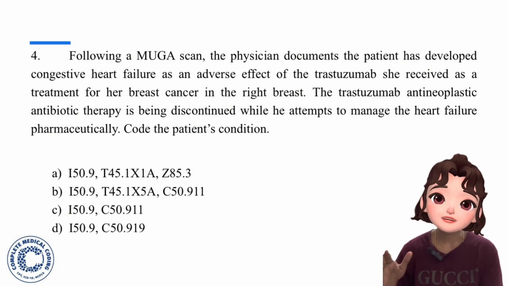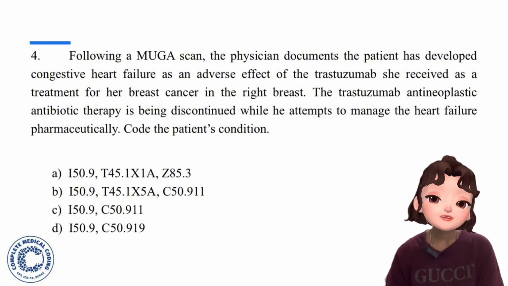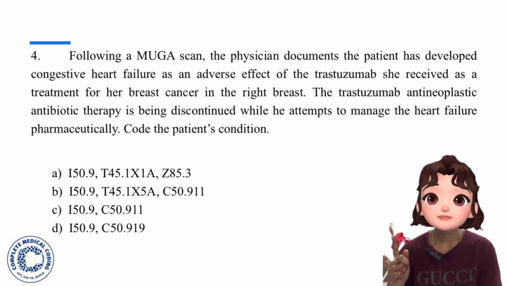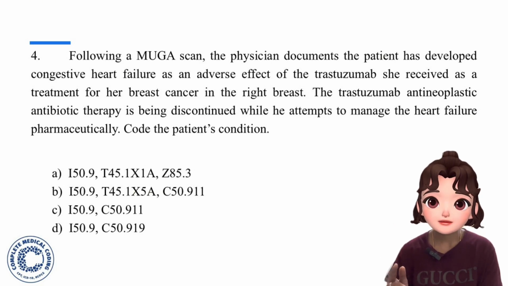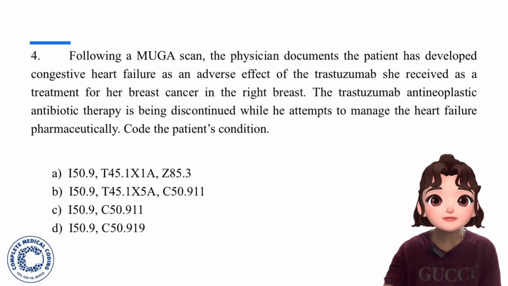He discontinued it and then the doctor went for the treatment of heart failure. So, it is an adverse effect. You can't use the T45.1X1A code, which is wrong. Use T45.1X5A, which is in option B. That is the code we need, adverse effect of a medicine.